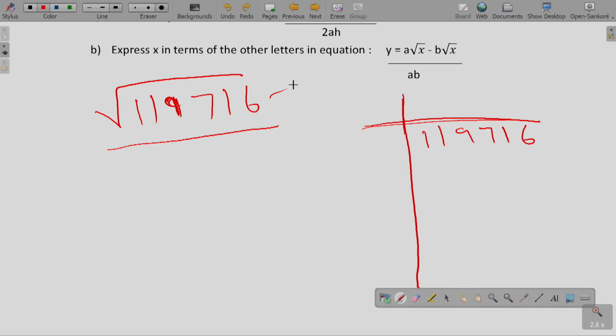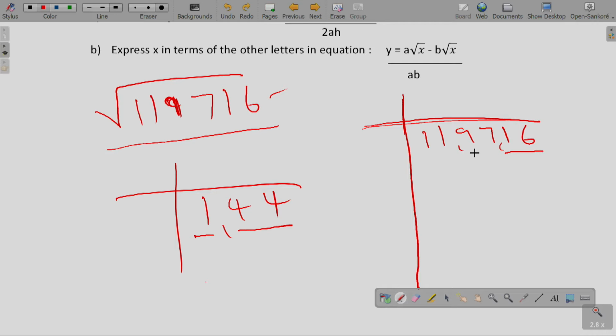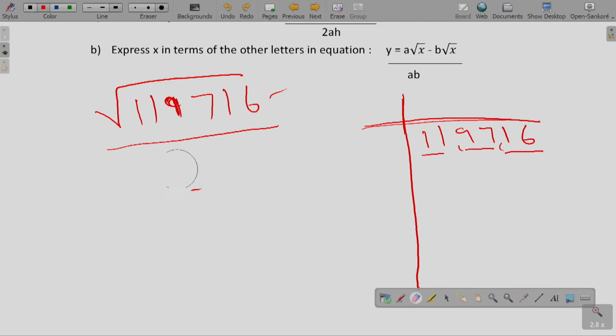So we divide our number into groups of 2. Here we get 16, here 97, and here 1. We group the number into 2 terms, starting from the right side.